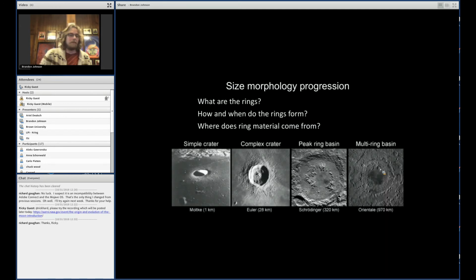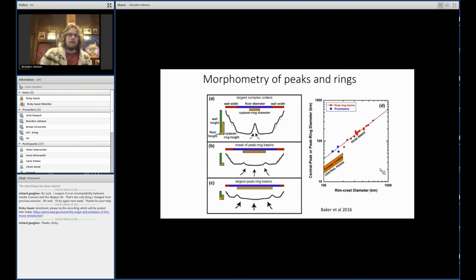At the smaller size, it's this very simple structure, and as we get bigger, it's very complicated. So some of the questions, I hope you can come away with some idea of what the answers might be, are: what are these rings that we see, how and when do they form, and where does that ring material come from? So is this a good place to explore in the future potentially?